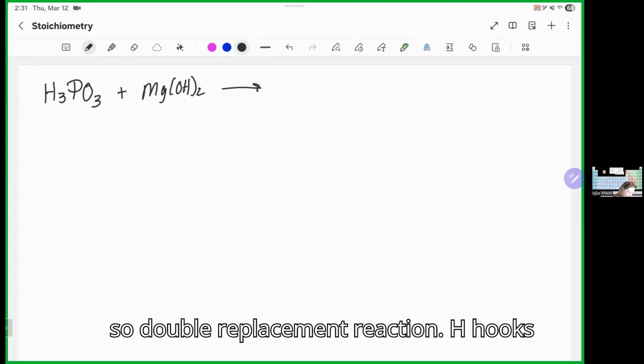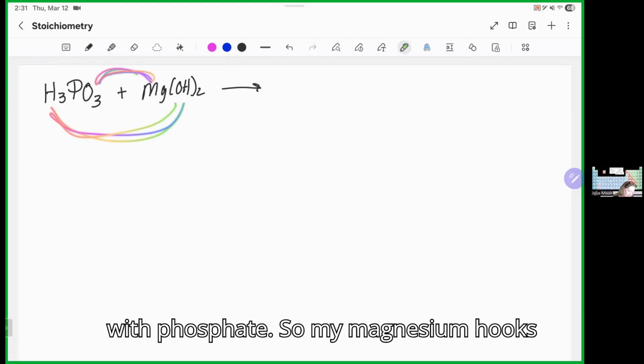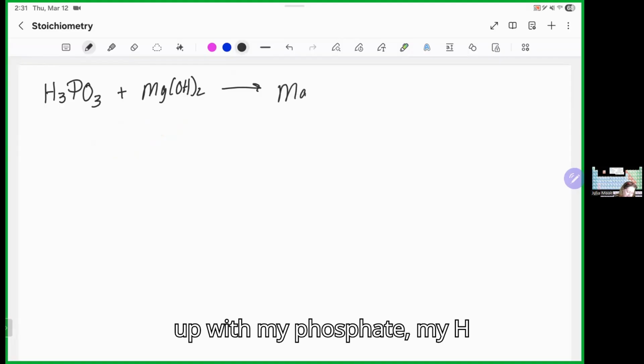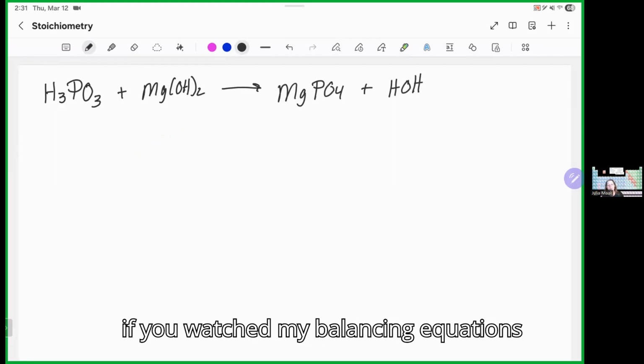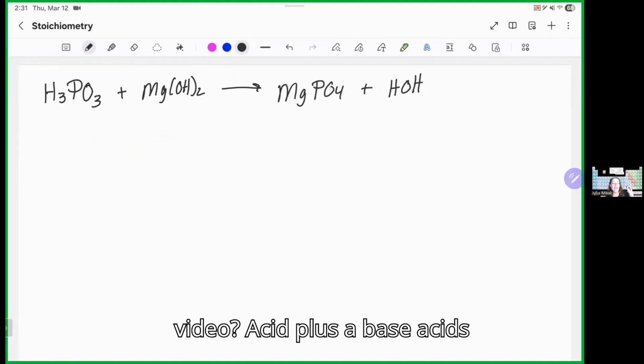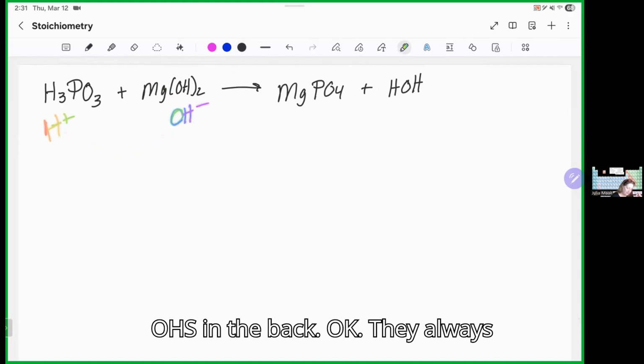Okay, so double replacement reaction. H hooks up with OH, magnesium hooks up with phosphate. So my magnesium hooks up with my phosphate, my H hooks up with my OH. Remember, if you watched my balancing equations video, acid plus a base, acids with hydrogens in the front, bases with OHs in the back.